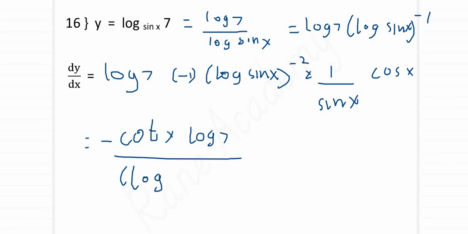Now this is in the numerator, so it is raised to minus 2, and when it comes to the denominator, it will become whole square. So this is the answer. You have to be careful: we have log 7 to the base sin x, which is not comparable with any of the standard results. So you have to use the property of logarithm, that is the change of base formula, and get the derivative.